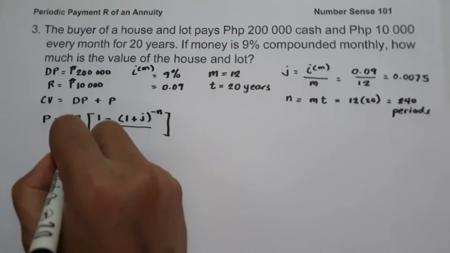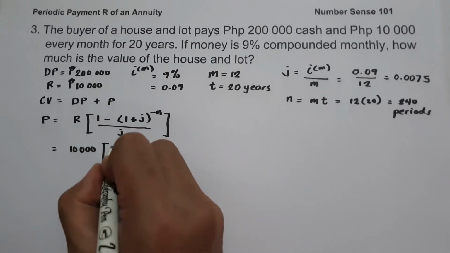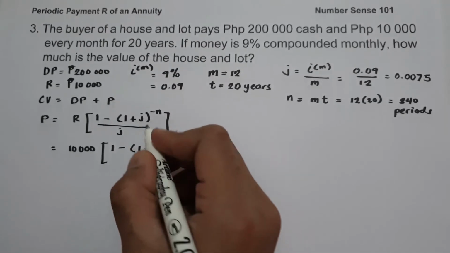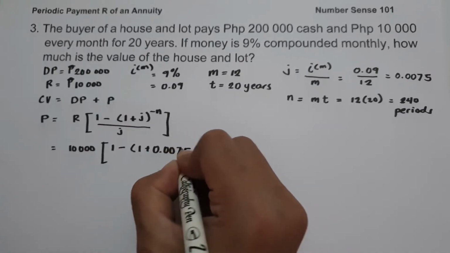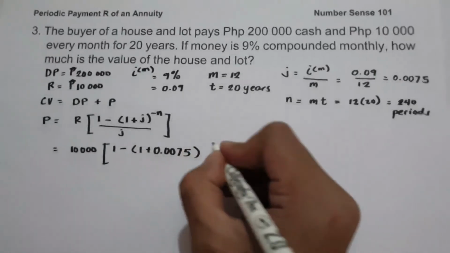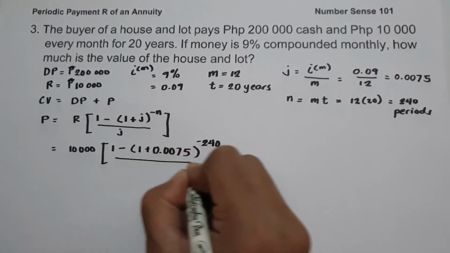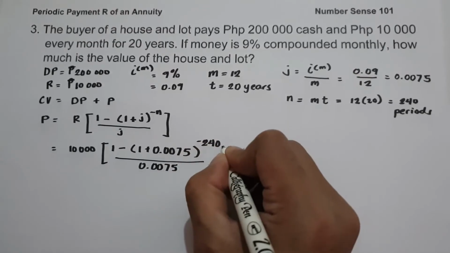So let us substitute our given. Regular payment, that is 10,000 times the quantity 1 minus quantity 1 plus J, that is 0.0075 raised to negative N, that is negative 240 all over 0.0075.